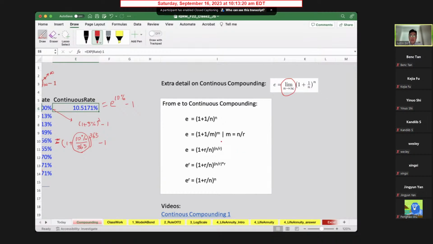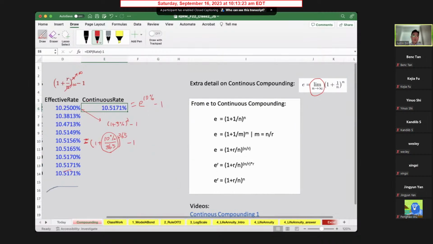But we have a very similar form in our effective rate calculation, 1 plus R over N instead of 1 over N. So let's change the variable by saying N over R is M. In that case, N is R times M. So when N goes to infinity, M also goes to infinity, and vice versa.